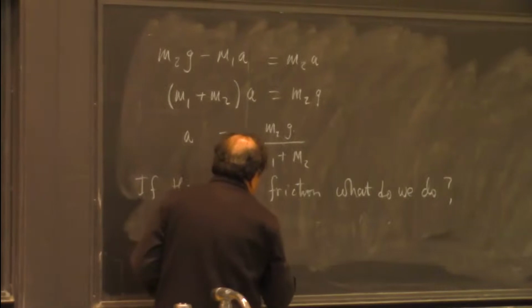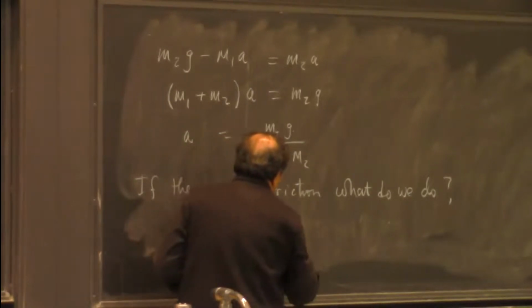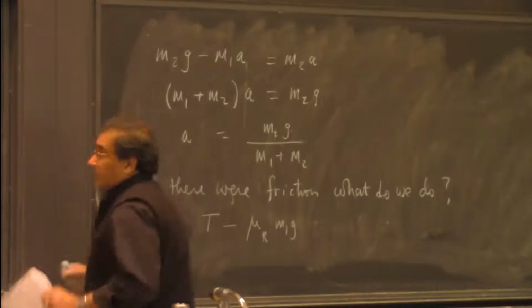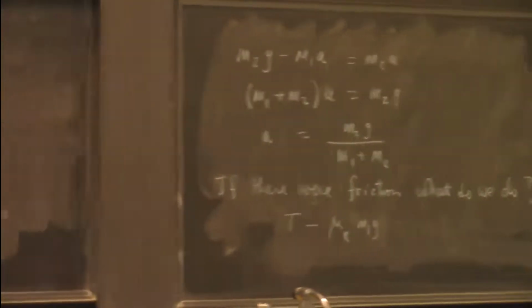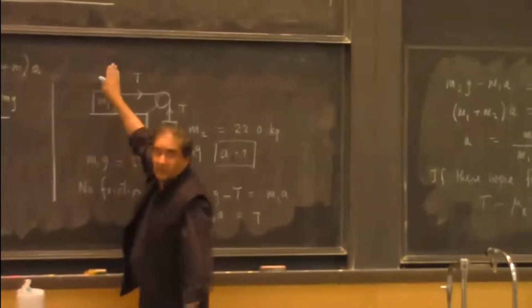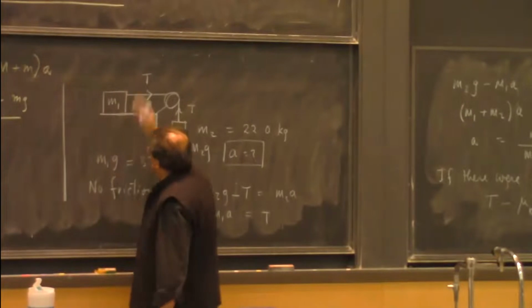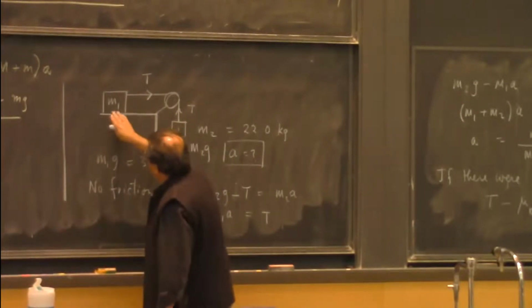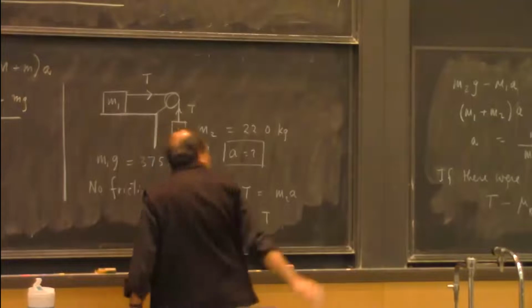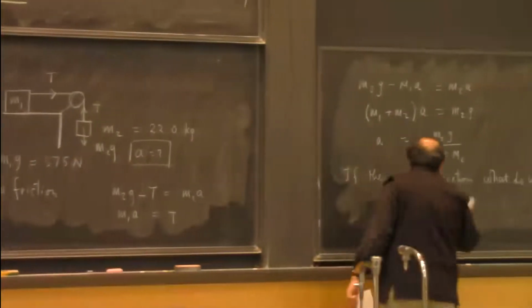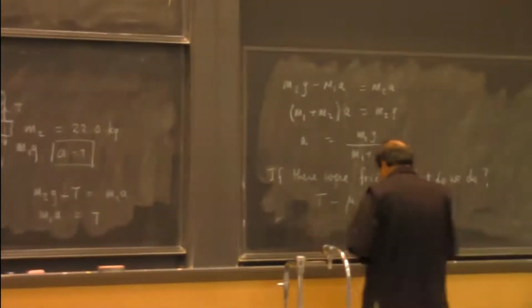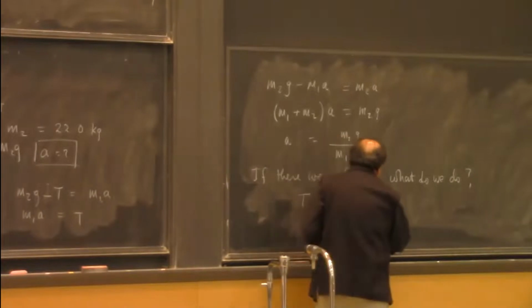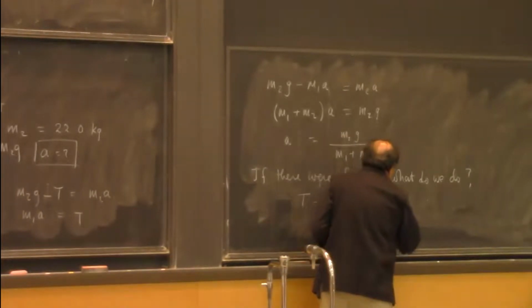Assume the system is moving, so I can write mu k and m1g, right? And m1g is going to be the downward force. Normal force then also will be m1g, so therefore the frictional force will be mu k times N, or mu k times m1g. So I have to skip a step. So this will be equal to m1a.